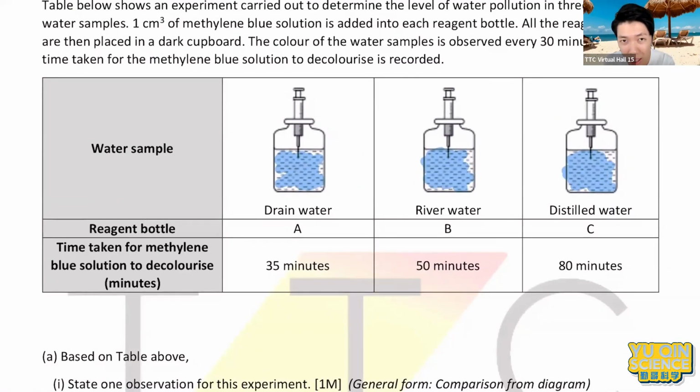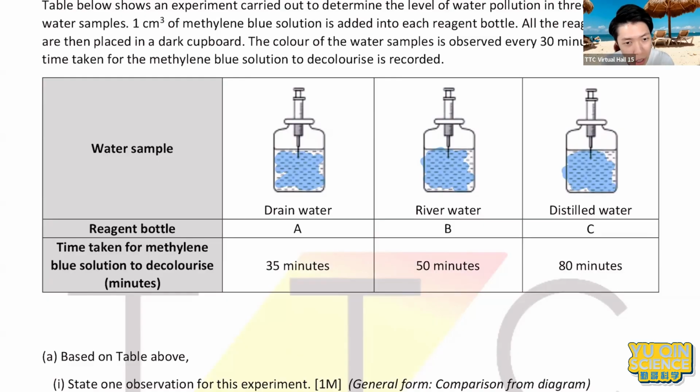Now, if the water sample has little oxygen, wait, what's the meaning of little oxygen? Little oxygen means there are many microorganisms. Many microorganisms basically means the water is polluted. Then it takes a shorter time to become transparent.